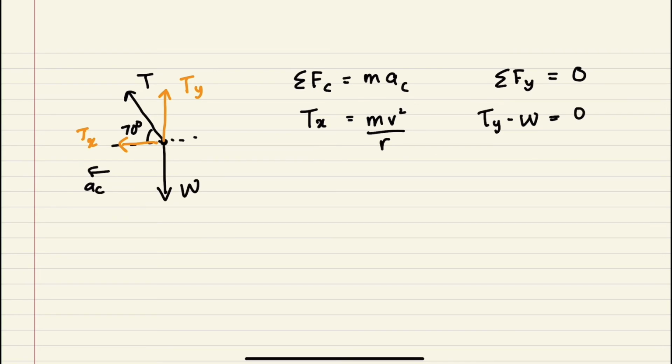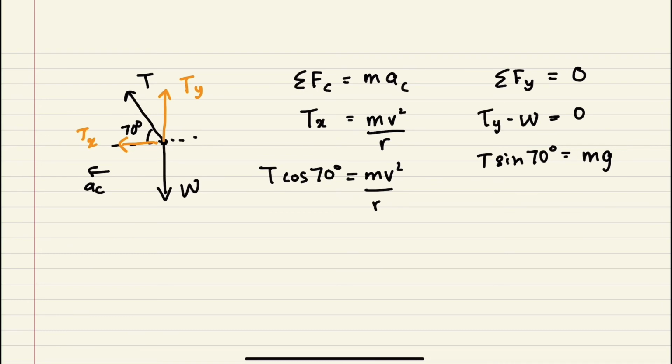So Ty is equal to T sine 70 degrees equals weight, which is mg. Tx is equal to T cos 70 degrees equals mv squared over r.